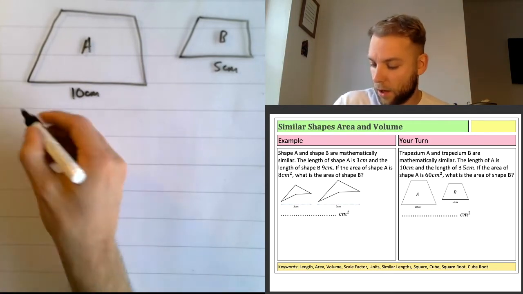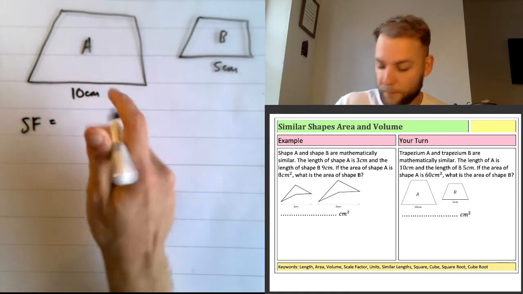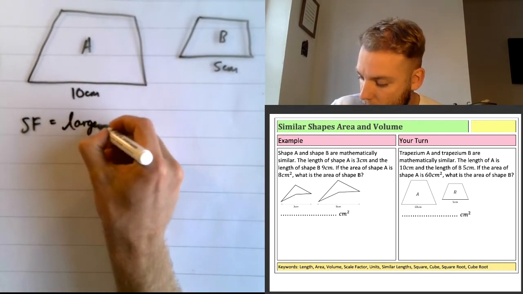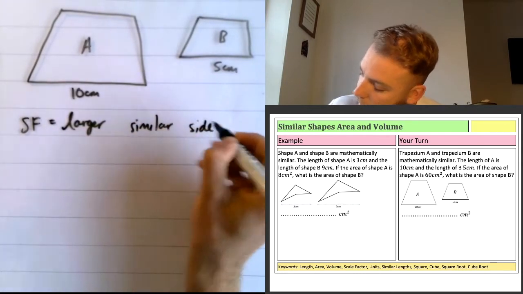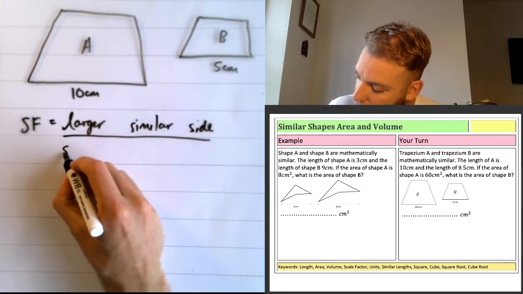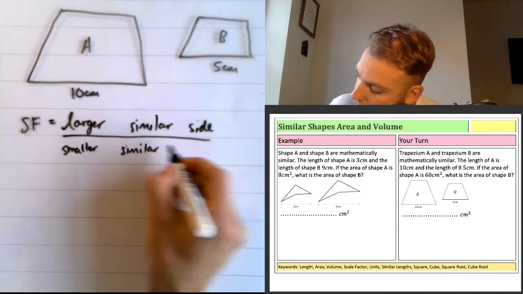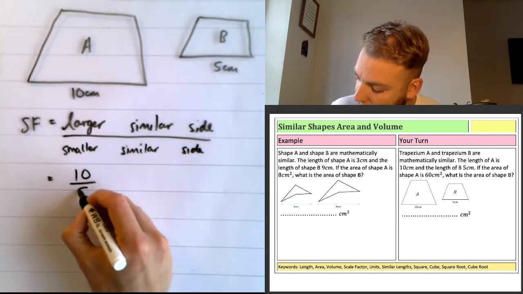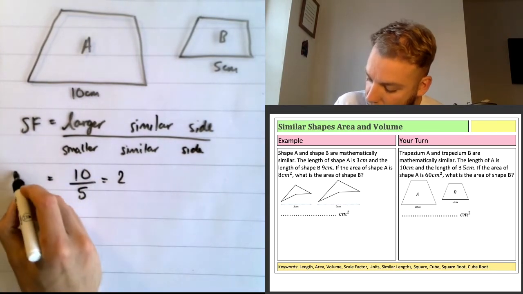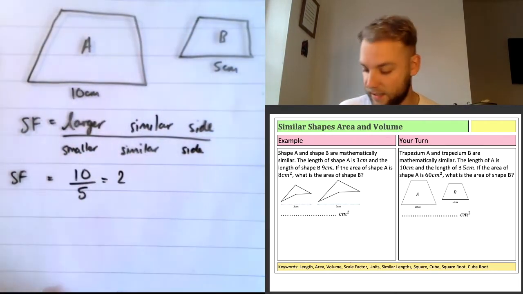So my scale factor is going to be your larger similar side divided by my smaller similar side, which in this case is 10 divided by 5, which is equal to 2. So I know that this shape is 2 times smaller going that way, isn't it?